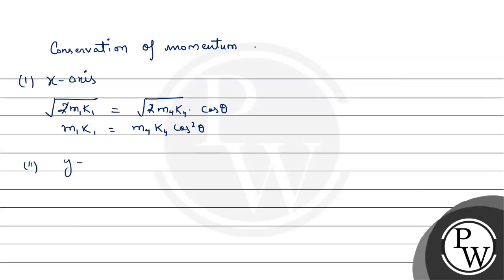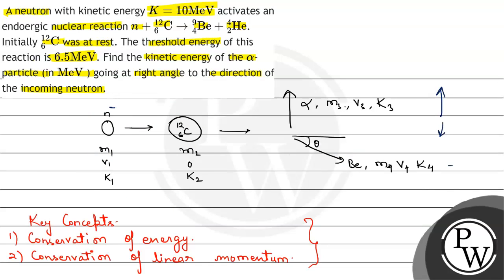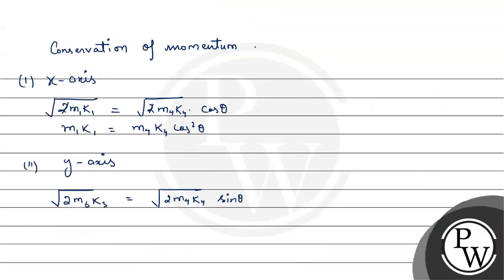Let's apply it on the y-axis. So on the y-axis we get root 2 m3 k3. It must be equal to root 2 m4 k4 times sin theta, because this time we are applying it vertically. So momentum of m3, the alpha particle, and sine component of beryllium. So again root 2 gets cancelled, and squaring both sides we get m3 k3 is equal to m4 k4 sine square theta.